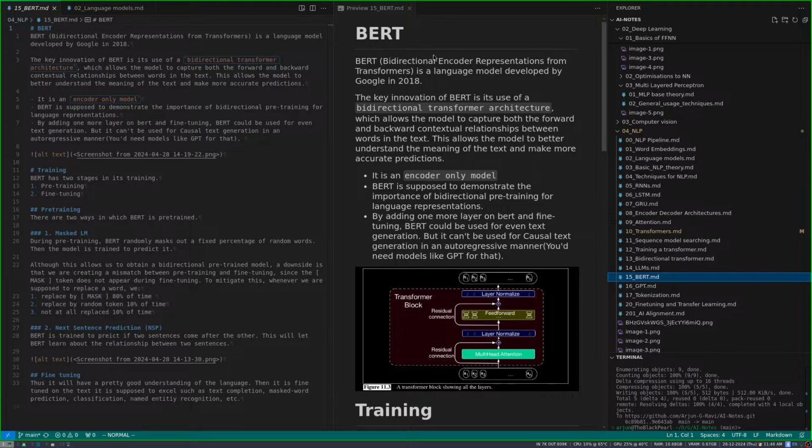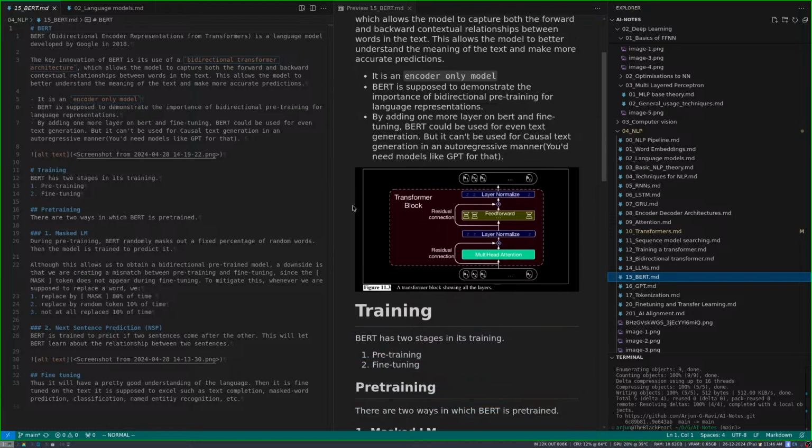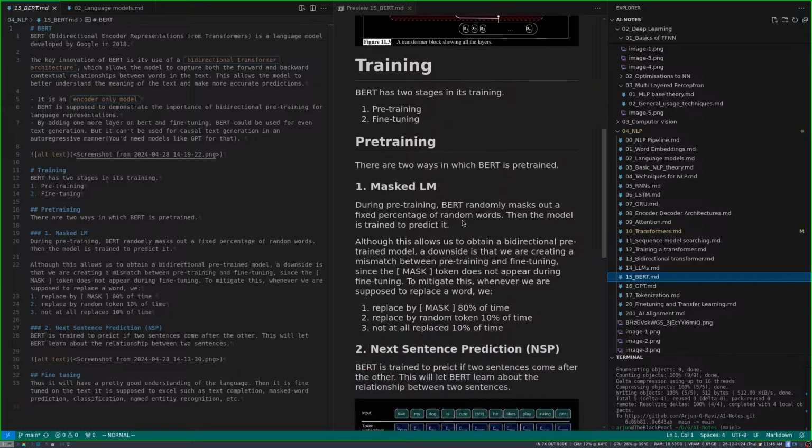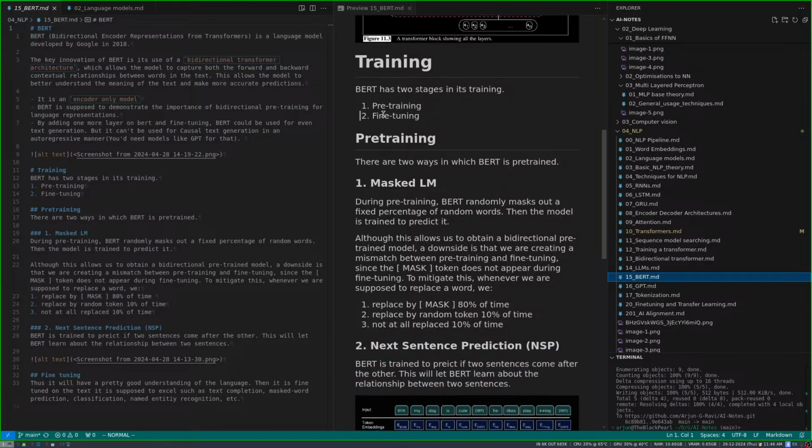BERT is Bidirectional Encoder Representations from Transformers. It's a language model developed by Google in 2018. The key innovation of BERT is the bidirectional transformer architecture, which allows the model to capture both forward and backward context representation. So it is an encoder-only model. Its training has two steps: pre-training and fine-tuning.